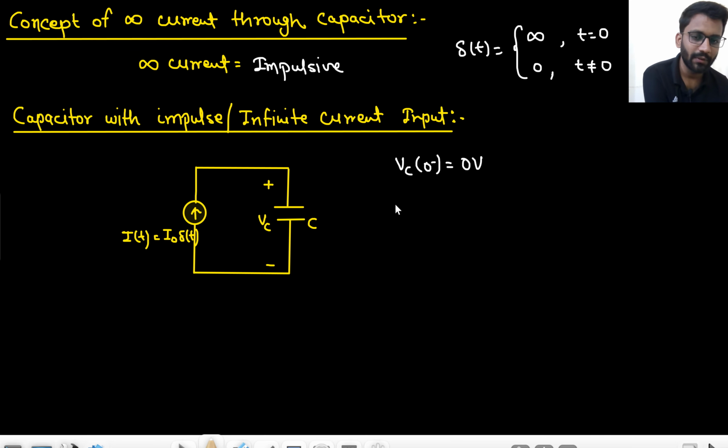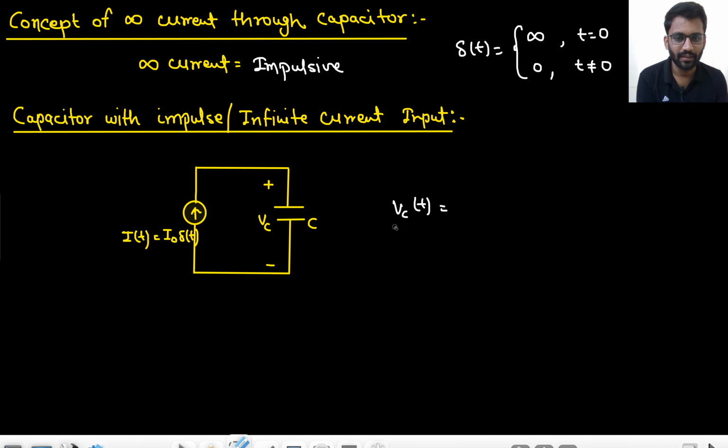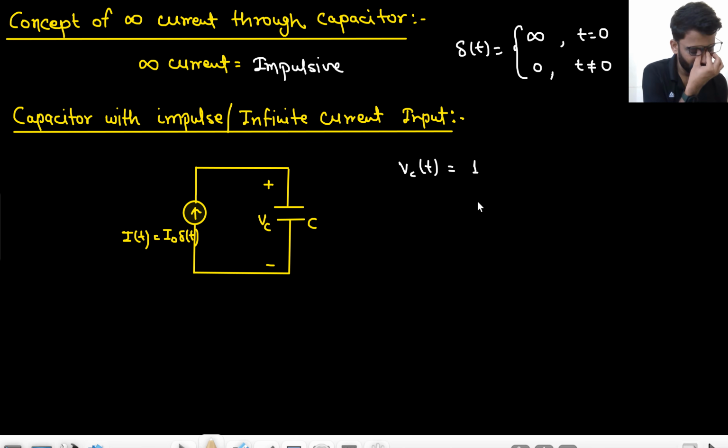Let's just write VC(t). It will be 1 by C, integration from minus infinity to t of i(t) dt. This is the expression, right?